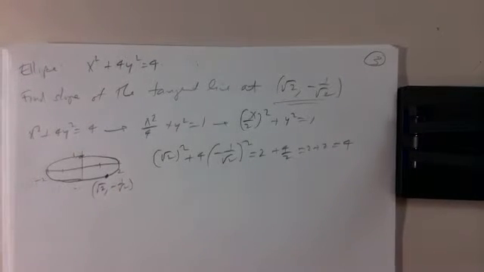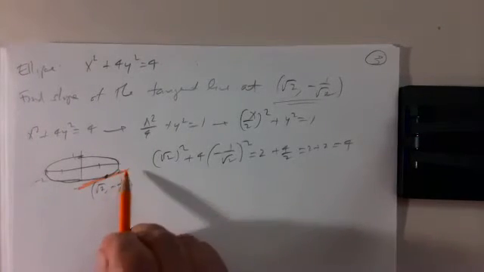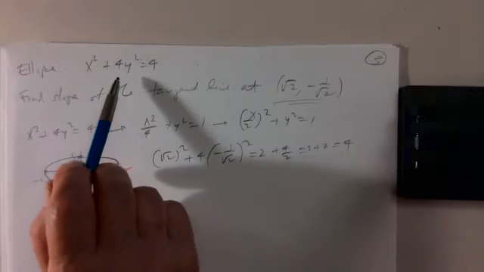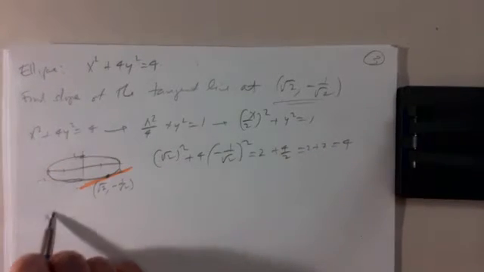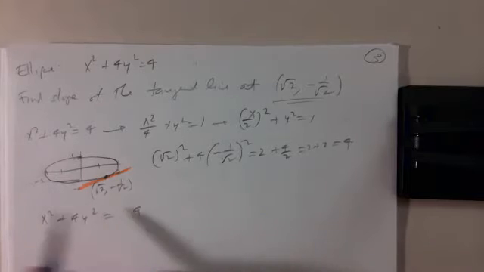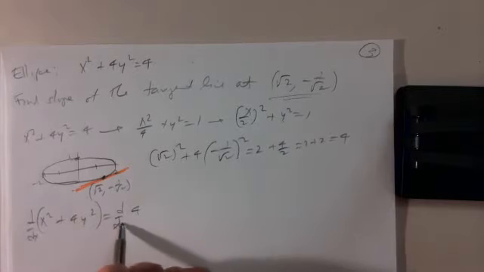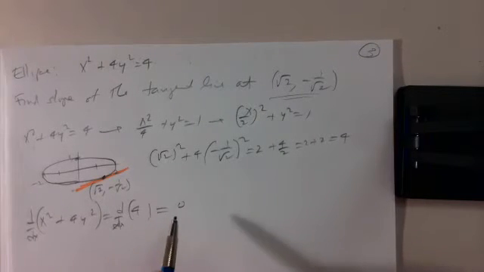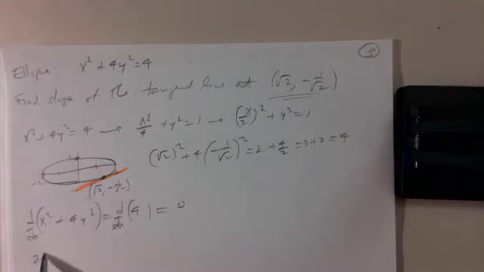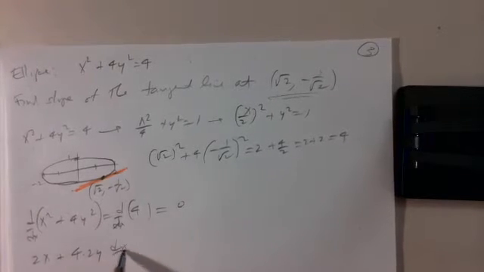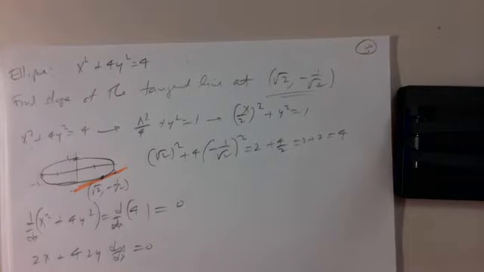And we want to find the slope of the tangent line. So let's use implicit differentiation. If you have x squared plus 4y squared equals 4, the derivative of the left-hand side is the derivative of the right-hand side, which is 0. The derivative of x squared is 2x. The derivative of 4y squared is 4 times 2y dy/dx equals 0. So this says that 8y dy/dx is minus 2x.